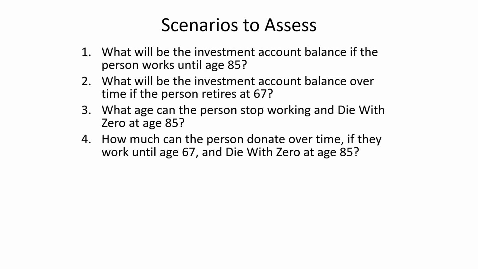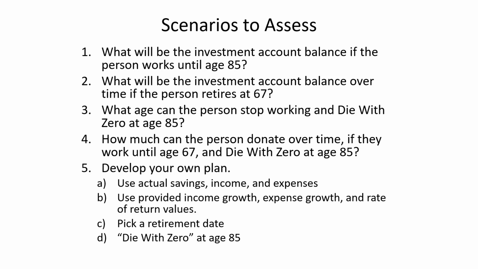The fifth scenario is unique from all the rest because what I'm asking you to do is develop your own plan. The first four analyses were based on some hypothetical person that you're just analyzing. In scenario 5, you are the person. I'd like you to put your own savings or debt as the starting point, make a rough assumption based on available data on what your income might be when you graduate, and develop a quick budget that lists what your expenses would be in the city where you expect to live after you graduate.